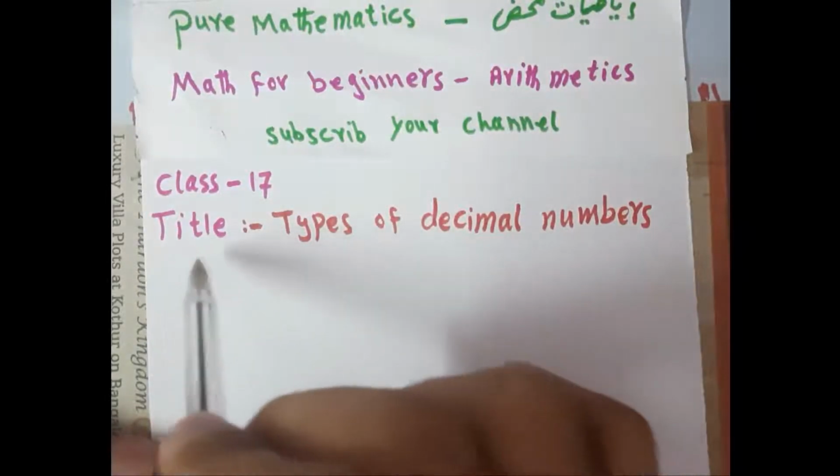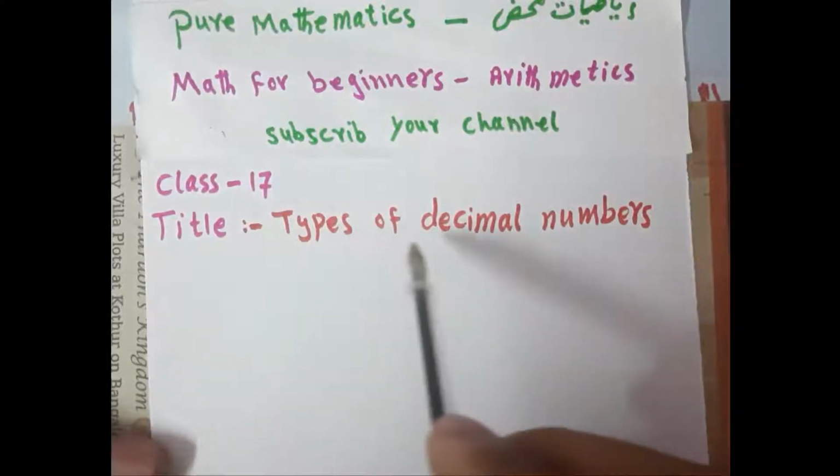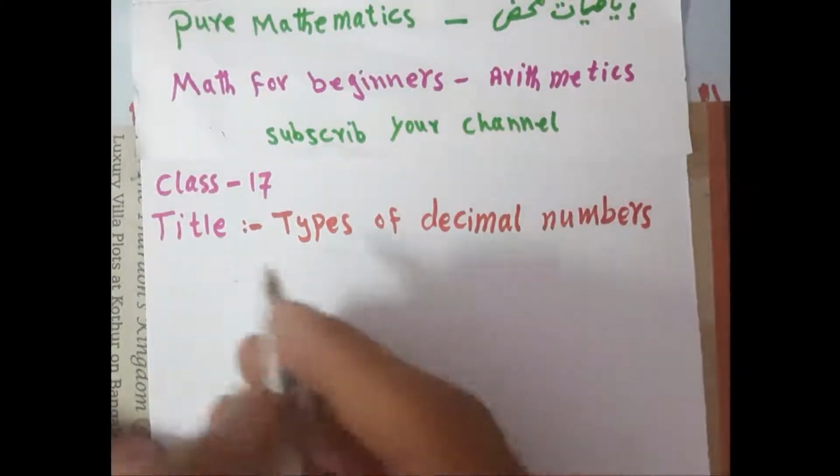In this class, our title is Types of Decimal Numbers.